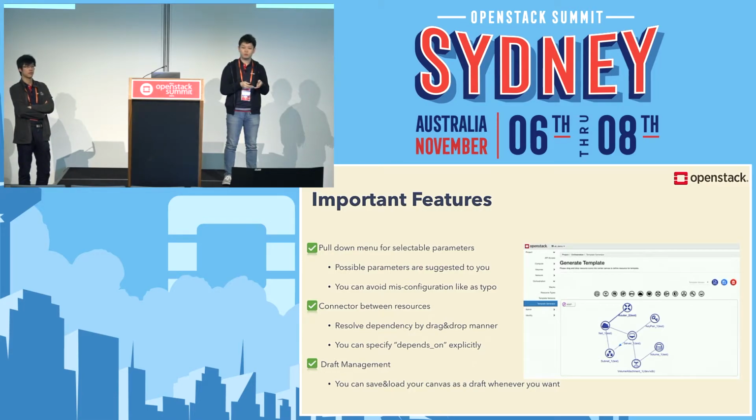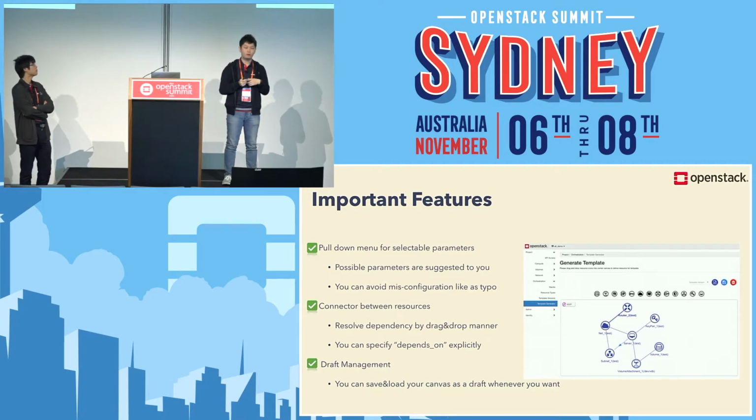And the next one is the connectors. I already told you again and again, so let me skip. But you can describe the resource dependency between resources, and also, without drawing a line between the resources, you can explicitly set the depends_on syntax.